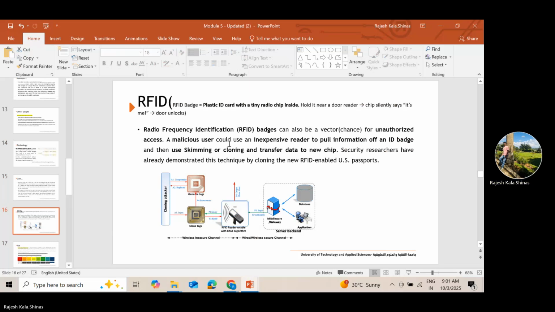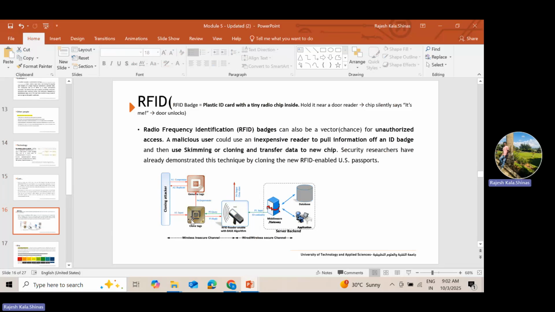So see here, there will be RFID badges. Every user enters the network or system via this badge. The malicious user will keep an inexpensive reader, and by using that he can read the information from the radio frequency ID or RFID card.